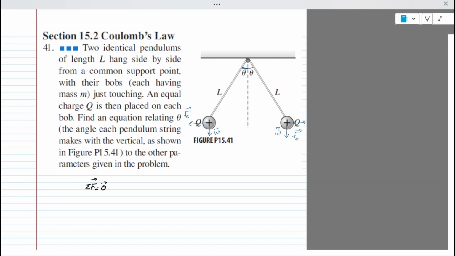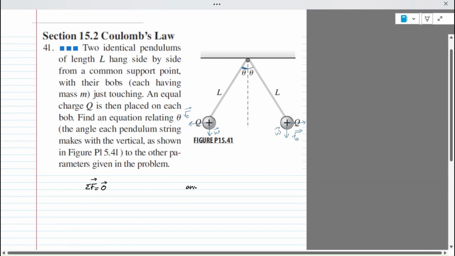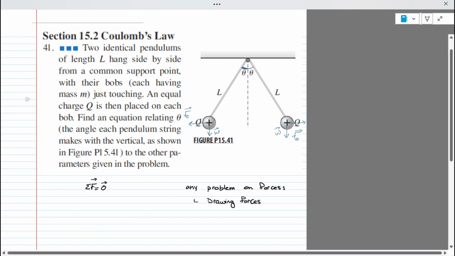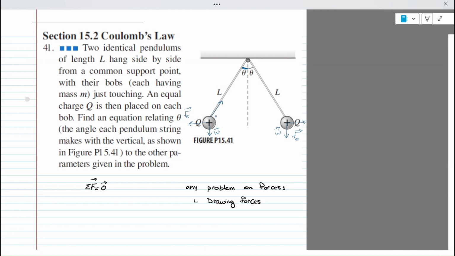Now, in any problem involving forces, we have some steps that we need to address. We start by drawing the forces, or making a free body diagram. I have already drawn the weight force and the electric force. We still have one more force, which is the tension exerted by the string of our pendulum.